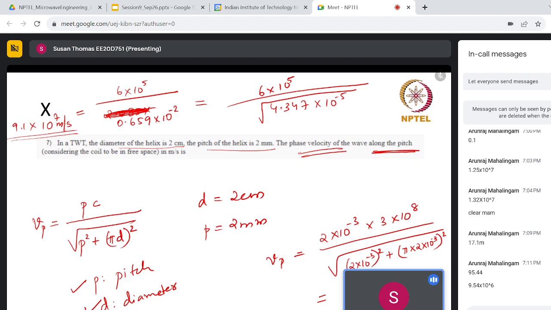Okay, the idea is clear, right? Maybe I'll check once again if there is any mistake. Okay, I think there was a mistake from my part. I haven't kept 10 power minus 2 here. Okay, that might be the mistake.